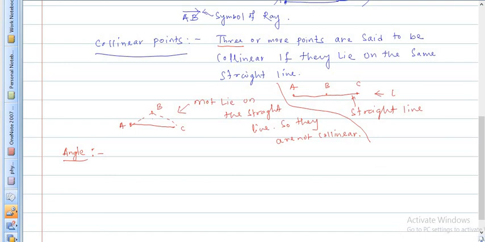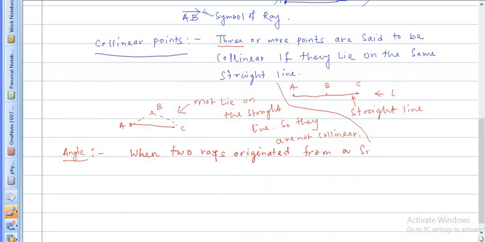Now see, when two rays originate from a single point, they form an angle.